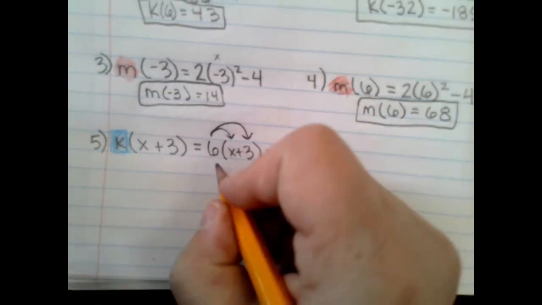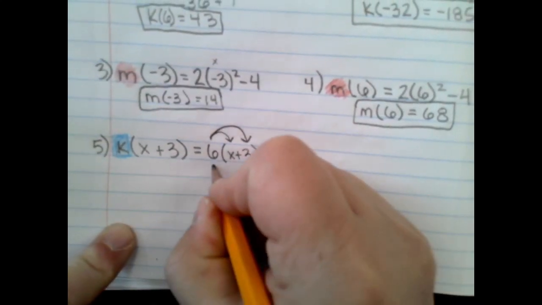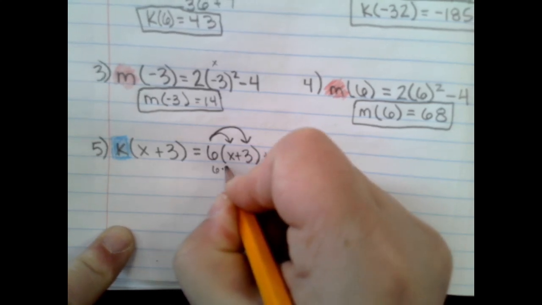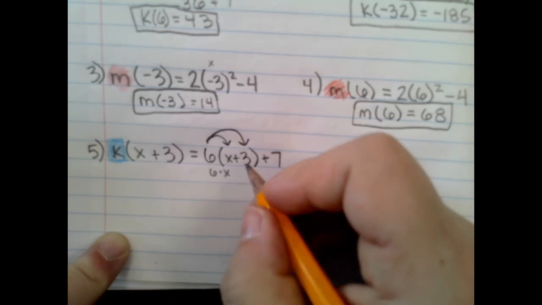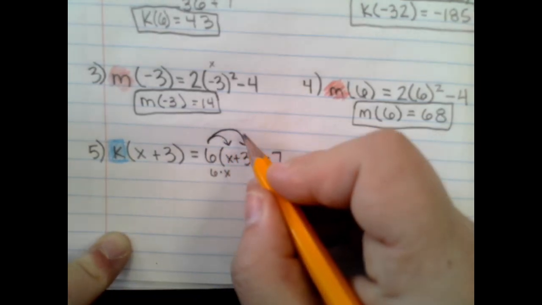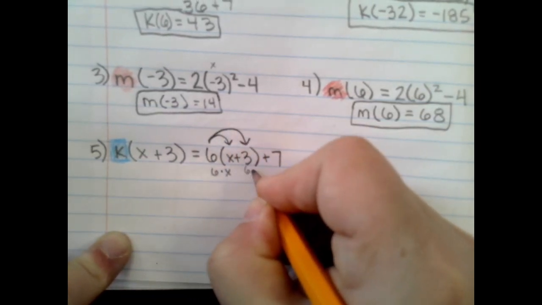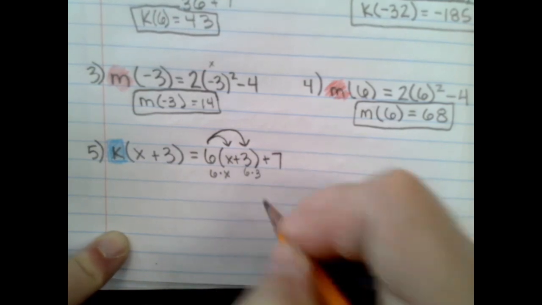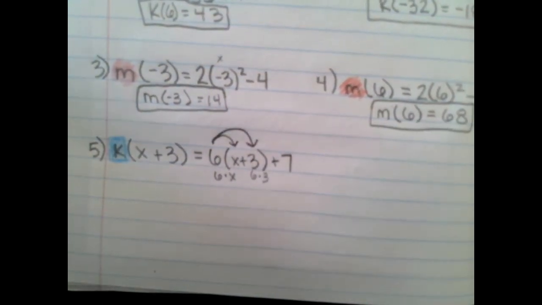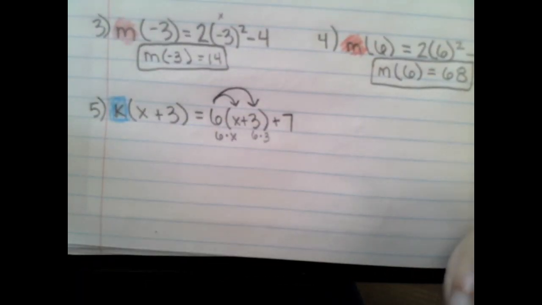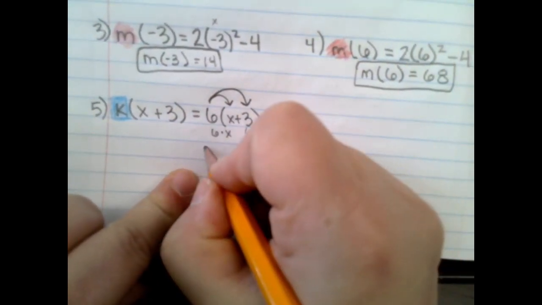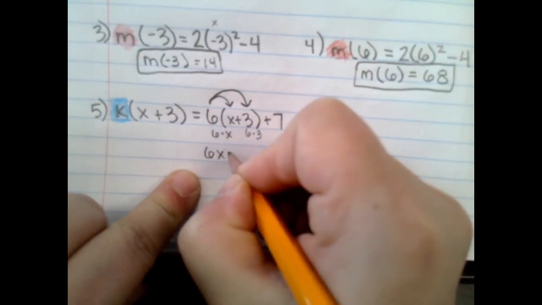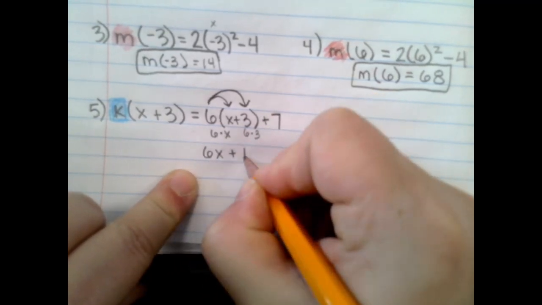All right, so we can show that out if you forgot about distributing and you need to write yourself a reminder. That's 6 times x. And then we also do 6 times 3. If you need to write that step in there, you can. If you feel like you got that and you remember it, you don't need to write it, that's fine. So what is 6 times x? 6x. And 6 times 3? 18.